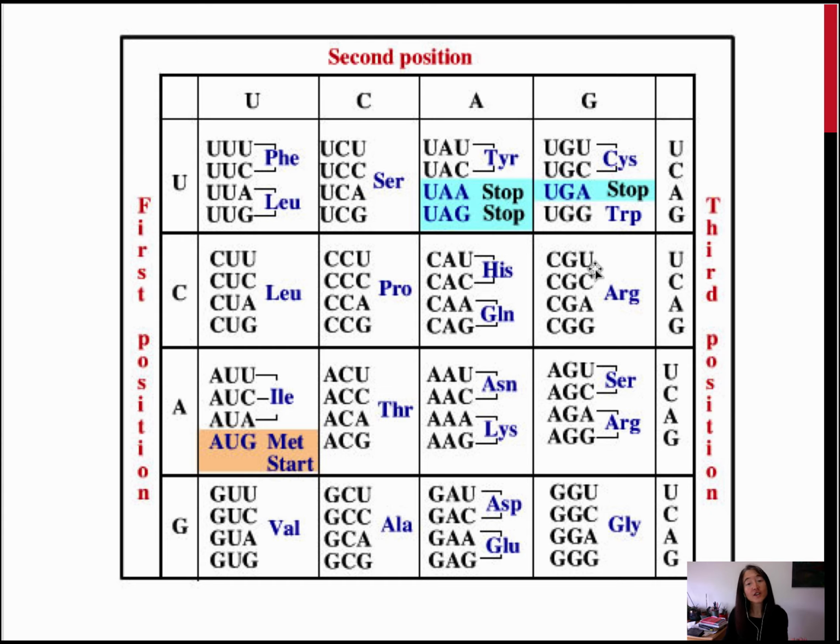I also want to draw your attention to the 3 stop codons. When UAA or UAG or UGA are encountered, that essentially triggers the ribosome to stop incorporating new amino acids. AUG, on the flip side, is the start codon.